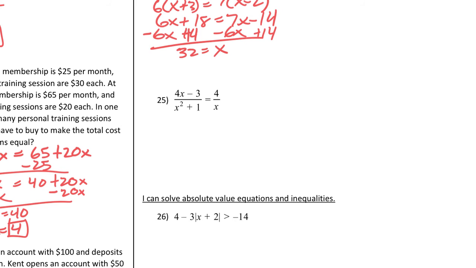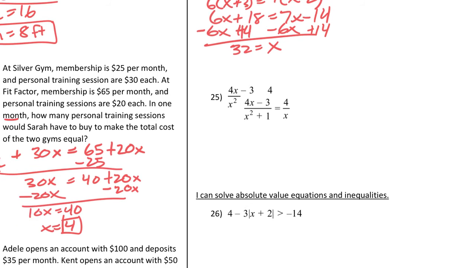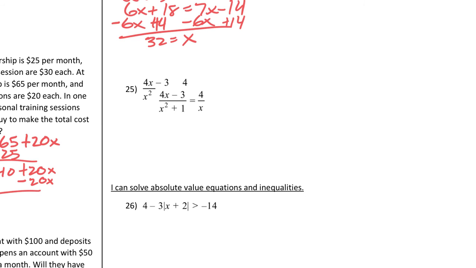This one's tricky. This is good. I think I better just do this a little bit differently. Like this, I would multiply this side, do that kind of butterfly thing.